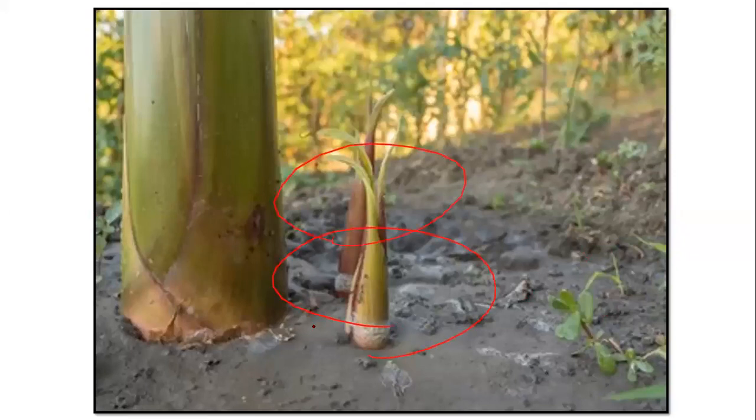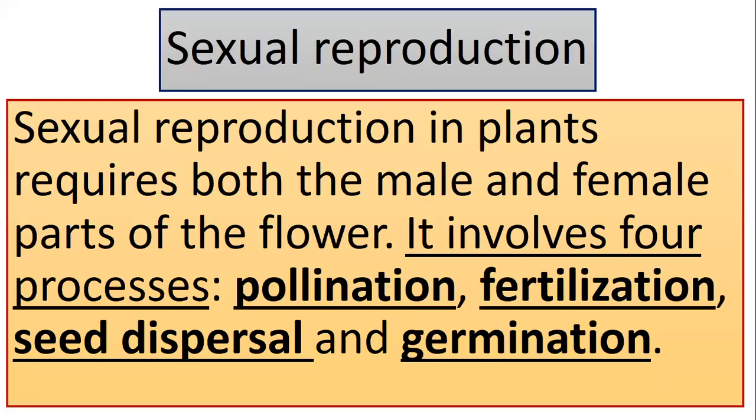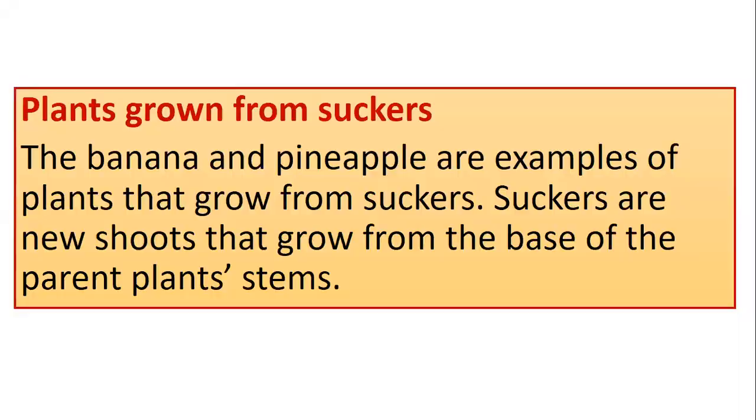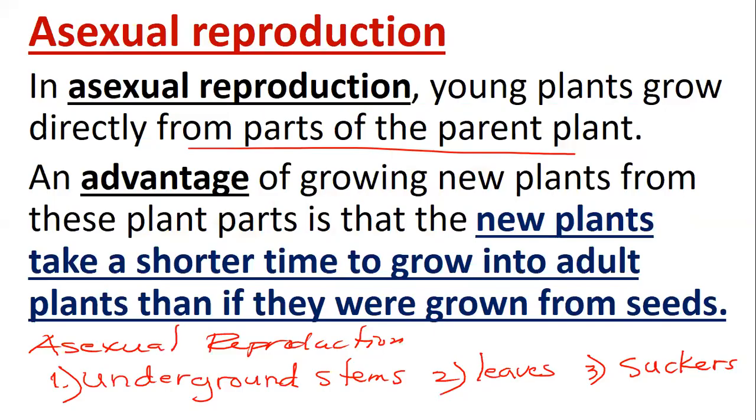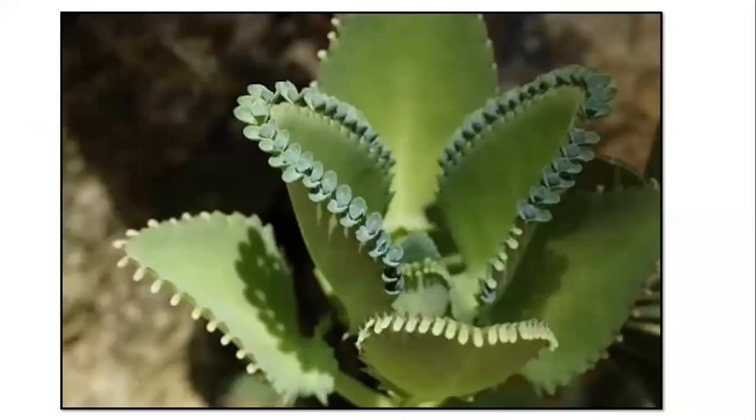So the farmers will get that one and replant it in another place, right? Now, let's talk about sexual reproduction. So we are finished with the asexual. Asexual reproduction: number one, underground stems. Number two, through leaves. Number three, suckers.